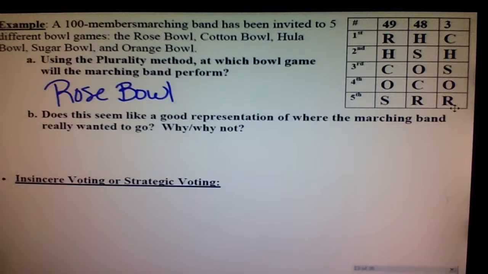You actually have a majority of them that do not want to go to the Rose Bowl. Look where these 51 people put the Rose Bowl. Dead last. So you have 49 people that really, really want to go, and you got 51 that could care less. So this is not a good representation. So this is a no, not the majority.